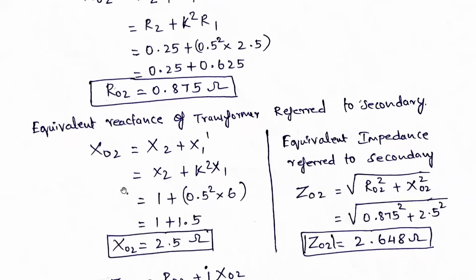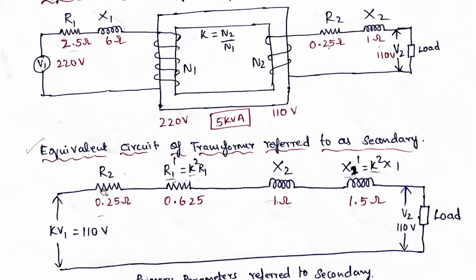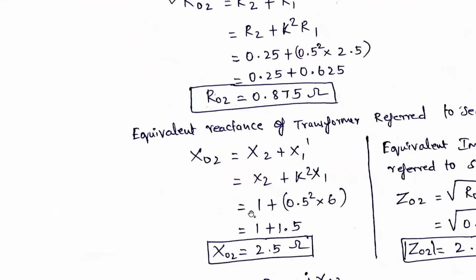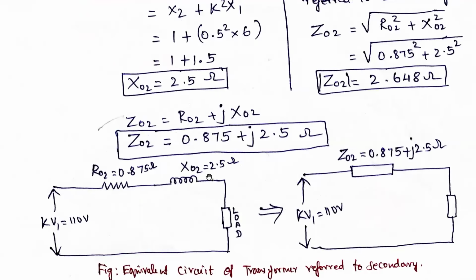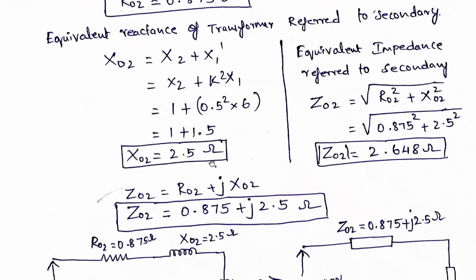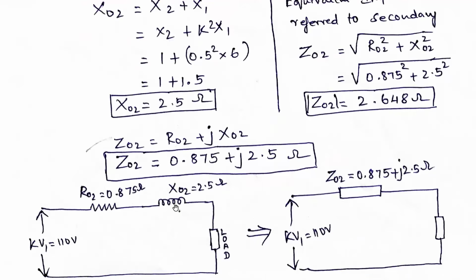So here we have R2 and R1 dash, here X2 and X1 dash. So these two we are converting into R naught 2, these two we are converting into X naught 2. That's all. So it's very simple. We are just adding and redrawing the equivalent circuit. R naught 2 is equal to, as we already calculated, 0.875 ohms. X naught 2 also we calculated, 2.5 ohms.